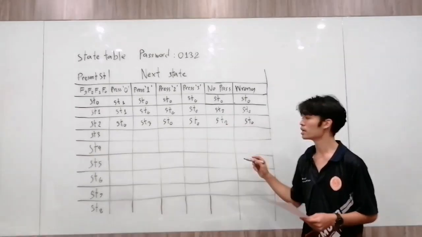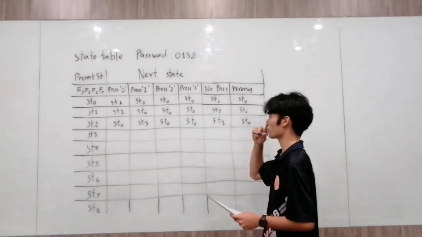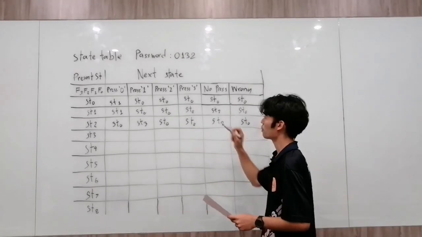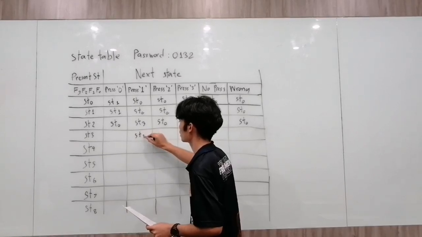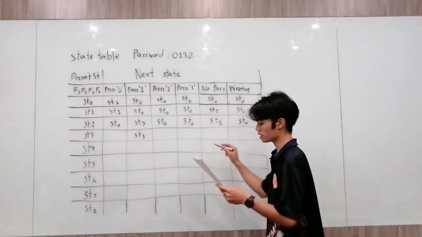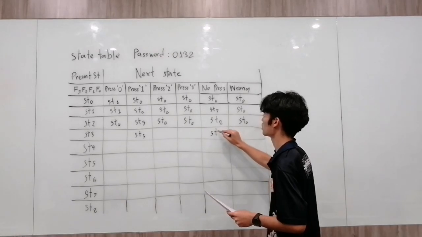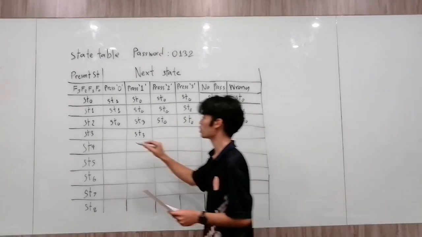Next, state 3. If you still press the button 1, it's still in state 3. When you release it, it goes to state 4. Other cases go to state 0.